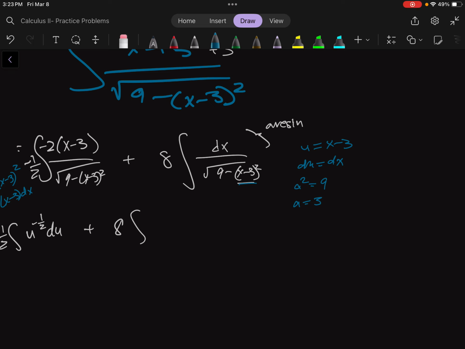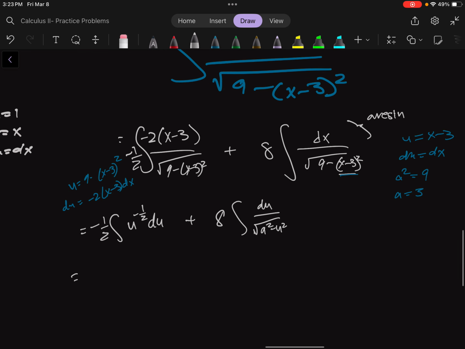Right, so now we have the integral of du over the square root of a squared minus u squared. We know this turns into arcsine from earlier. Right, so now we have negative 1/2, add 1 to the exponent, you get u to 1/2, divide by that new number, 2. Right, and then this one turns into 8 arcsine of u over a, which is x minus 3 over 3, plus c.